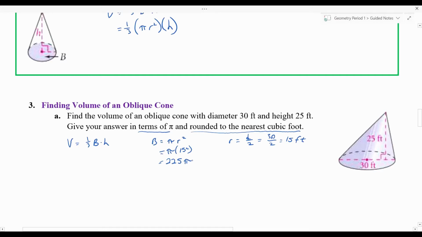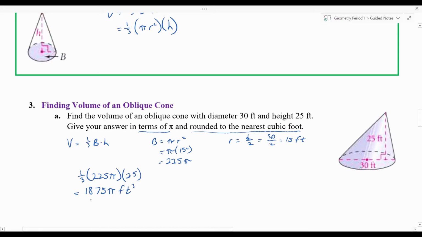Okay, so now that we have this, we go ahead and plug the numbers that we need. We have the height, so then to the formula it goes 1/3, and we have 225 pi times the height, and the height is 25, and when we multiply all that together, we get 1875 pi, right? 1875 times pi, and the units are in feet, so it's going to be cubic feet.